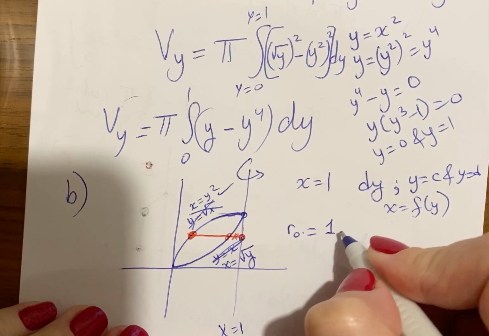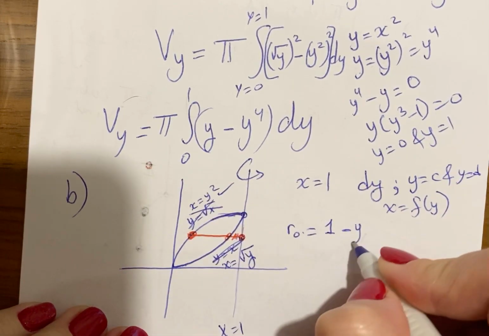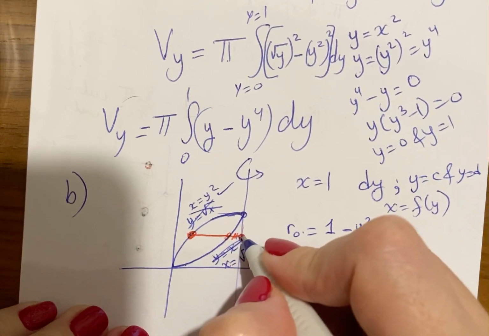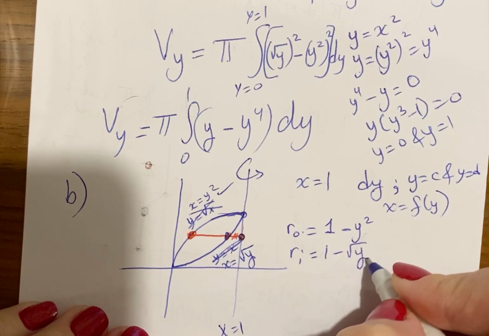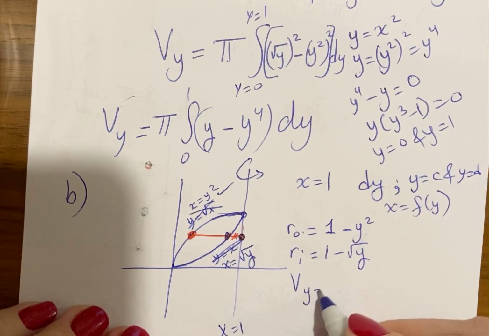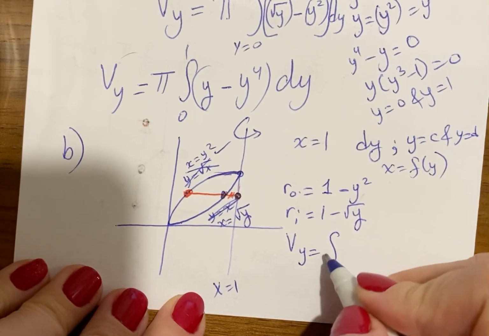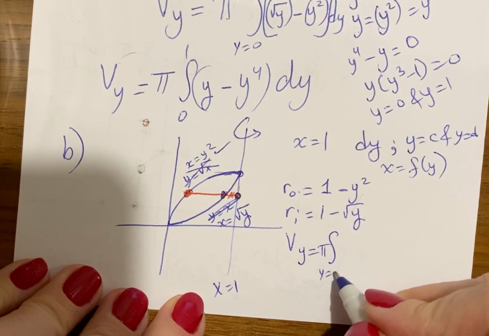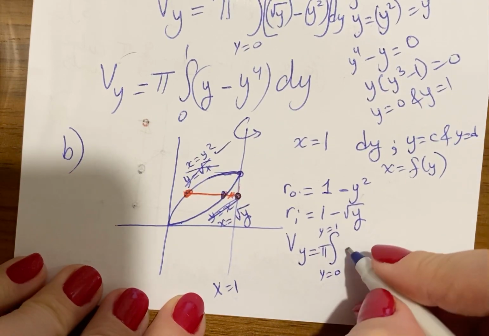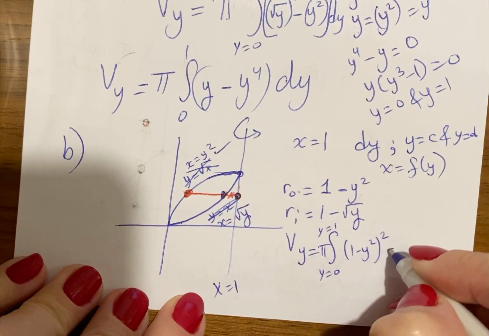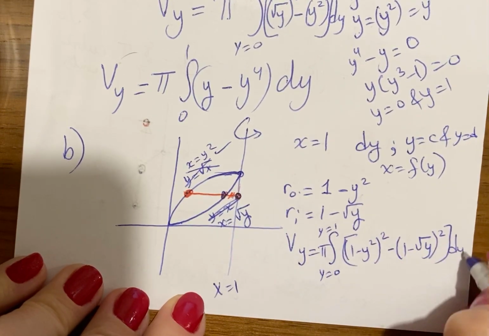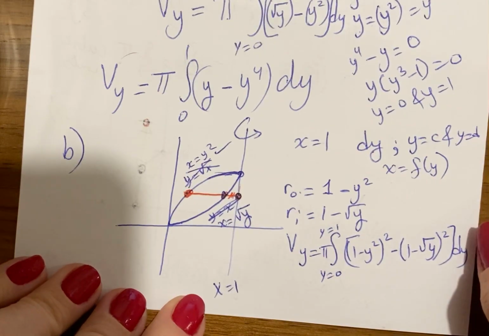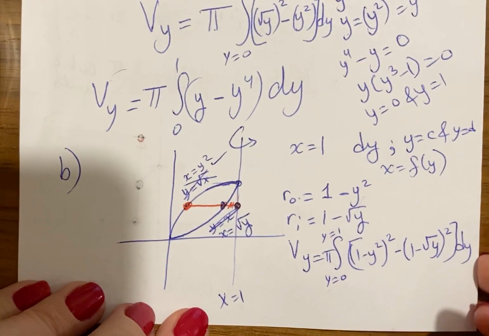The right is 1 minus the left here, which is y squared. The inner radius is 1 minus the left here, which is root y. So now the volume will be pi, the common factor, times the integral from y equals 0 to 1 of the outer radius squared minus the inner radius squared dy. You expand each one of them and you integrate one by one.